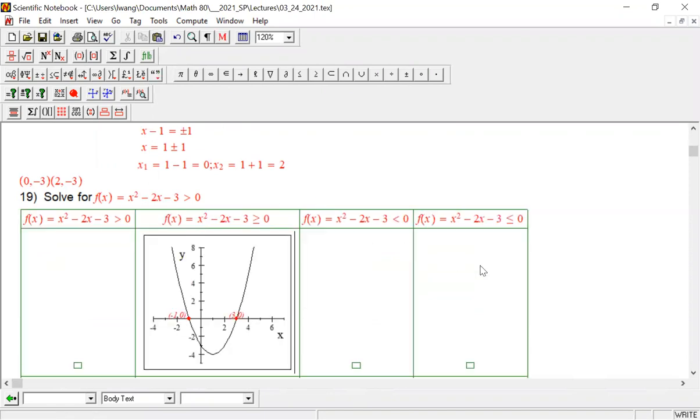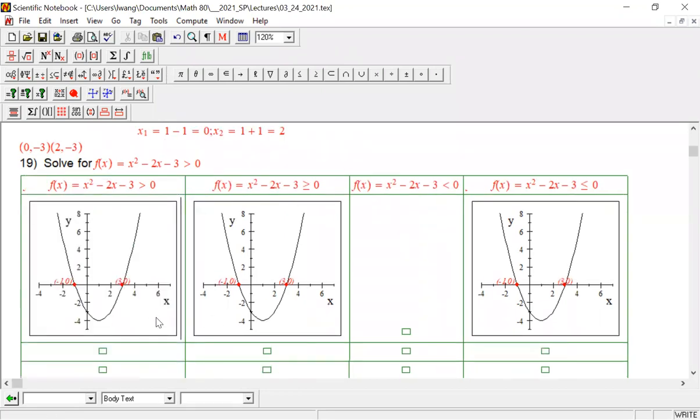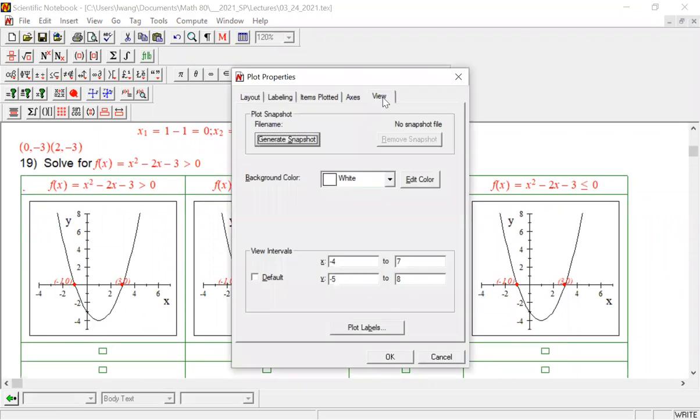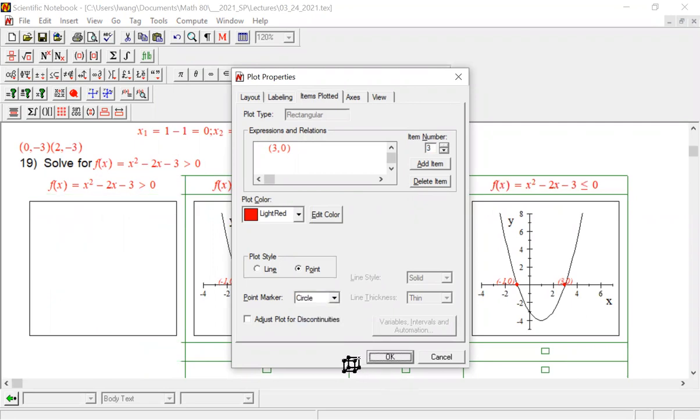Okay, so for these two, we need the dots. And for these other two, we need the circles. All right, so let's get the circles there.